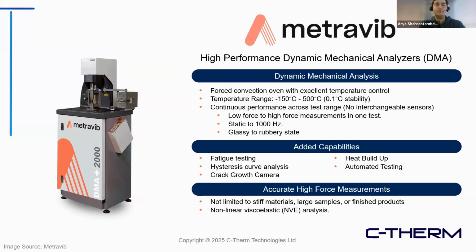I'll be sharing more information for each title, but just want to mention quickly some capabilities. And of course, Plus Series instruments are not only a DMA, but also they have static capabilities, for example, testing like stretch relaxation and prediction of long-term creep behavior.